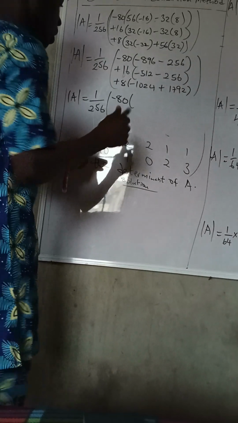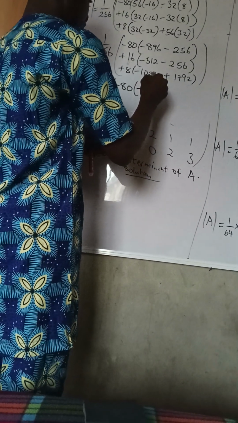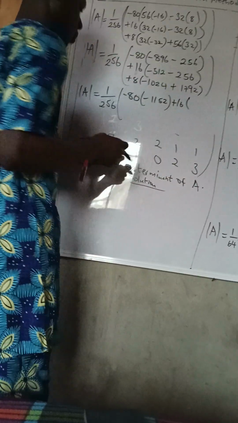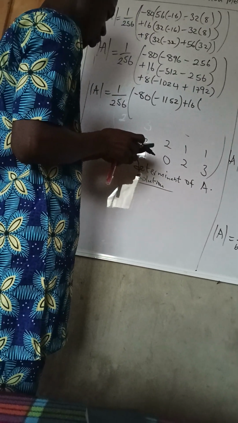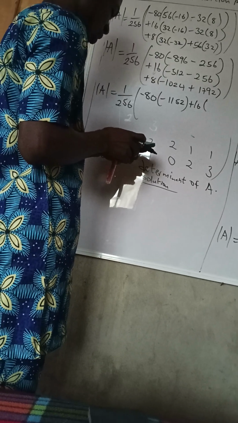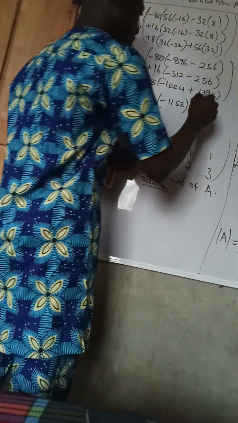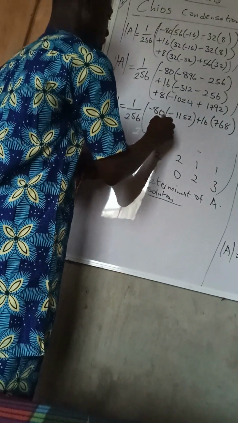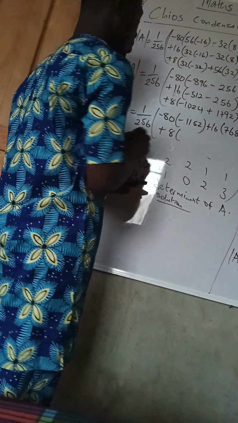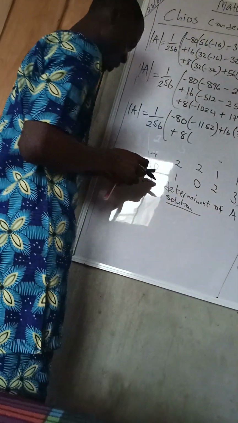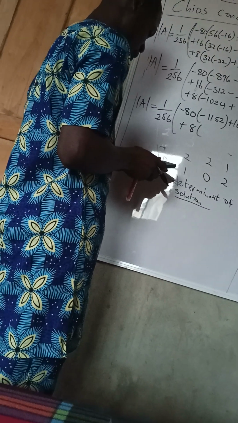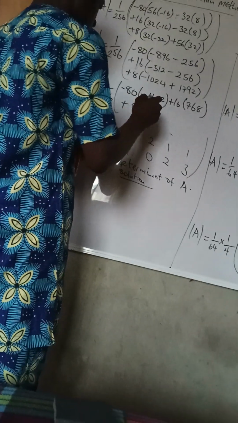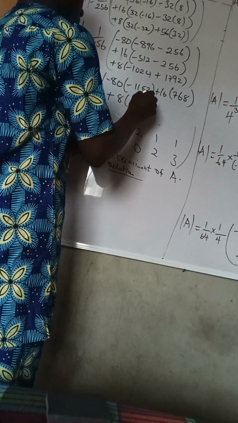That's going to give us minus 1152, plus 16 into, when you subtract 512 plus 256, you have 768, and then finally plus 8 into, when you subtract 1792 minus 1024, you have 768 as well.